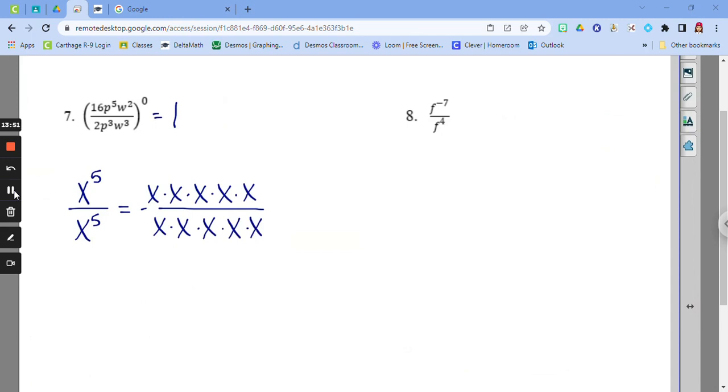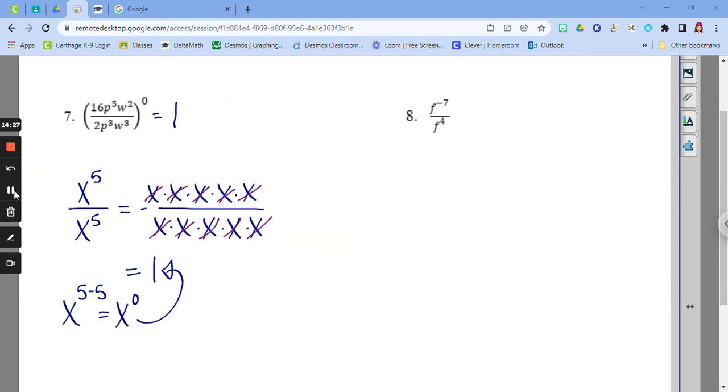And if you divide everything, you're still left with 1. So that's what's happening. The rule, and that's why. Because you divided, that is the result of dividing everything, that 0 power. So anything to the 0 power is 1. All right.